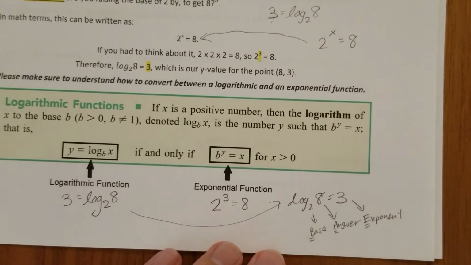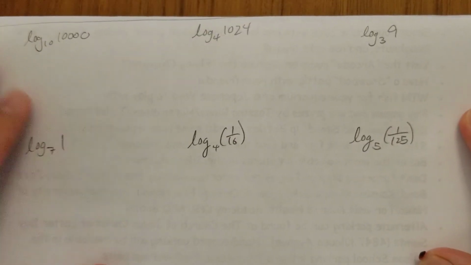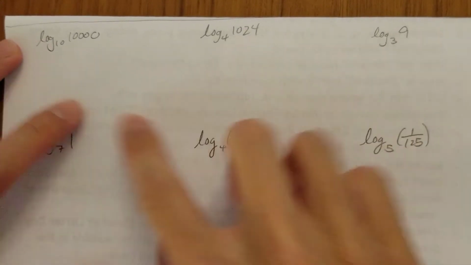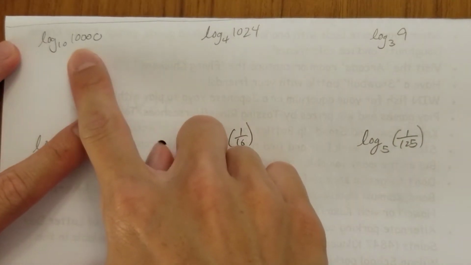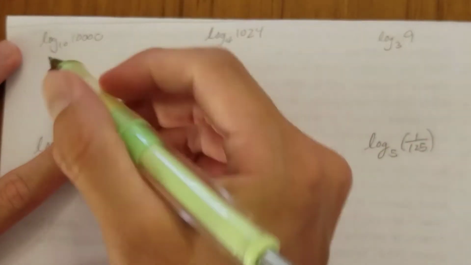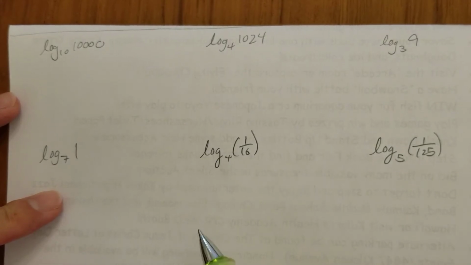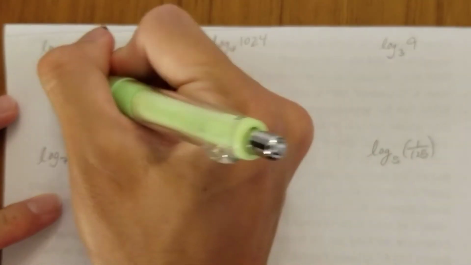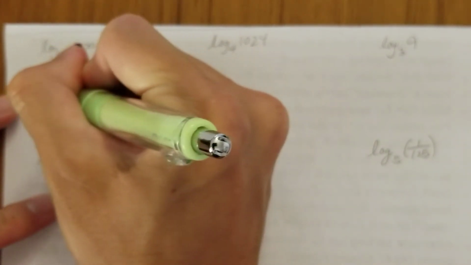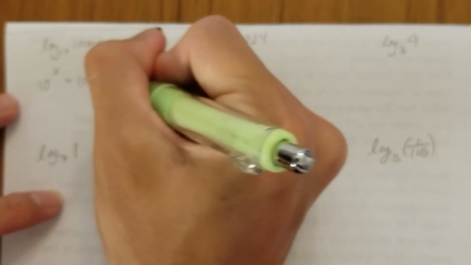Okay, so now I'm going to give you some examples. We want to find log base 10 of 10,000. In other words, what exponent are you raising the base of 10 by to get 10,000?